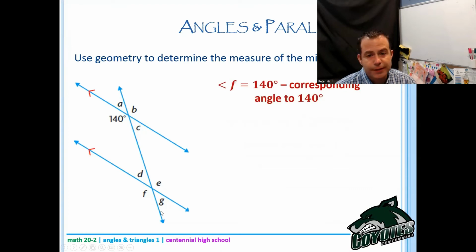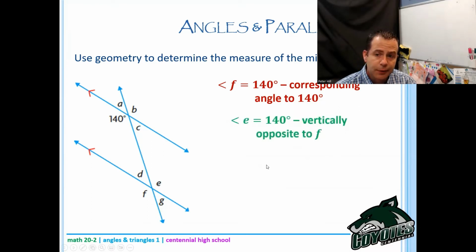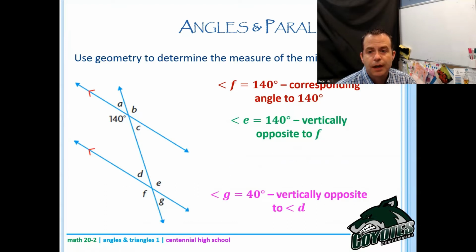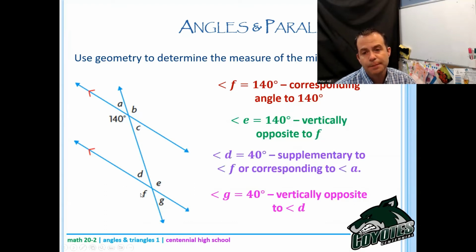Then I can do all the same process for E, D, and G that I did for A, B, and C. E is vertically opposite to F, so it's also 140. D is 40 because F plus D would have to equal 180. They're supplementary. Or the other way I did it on the note is I said D is corresponding to A as well.